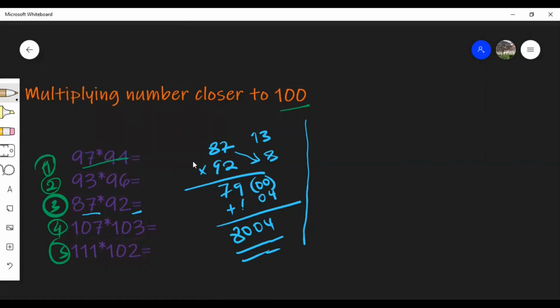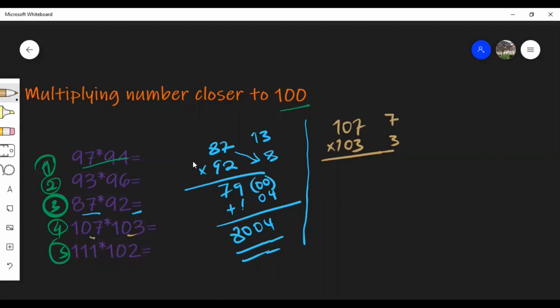The question would be, what if the numbers are even higher than 100? Here we have 107 multiplied by 103. If you look at the difference, the difference here is 7, the difference here is 3. The numbers are beyond 100, so what you do is you add.